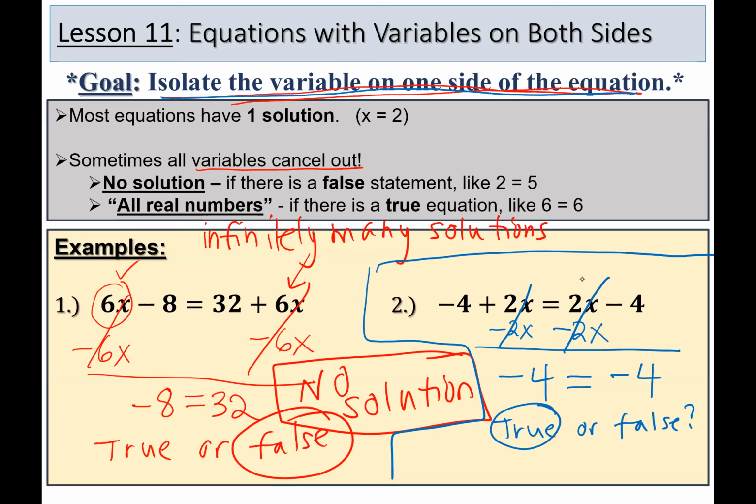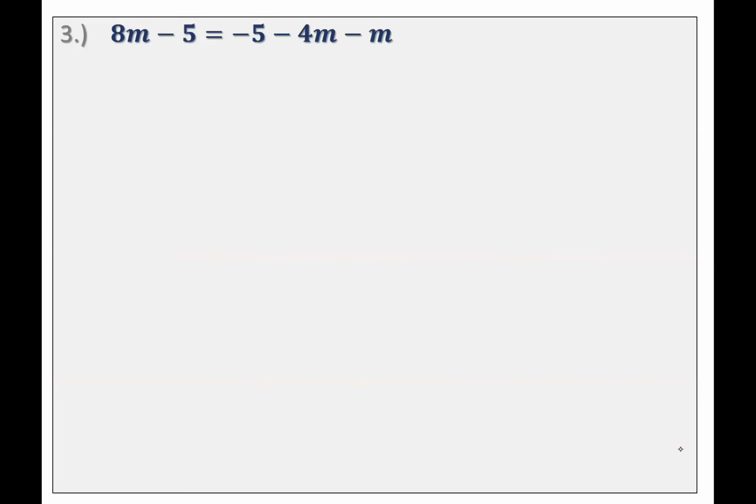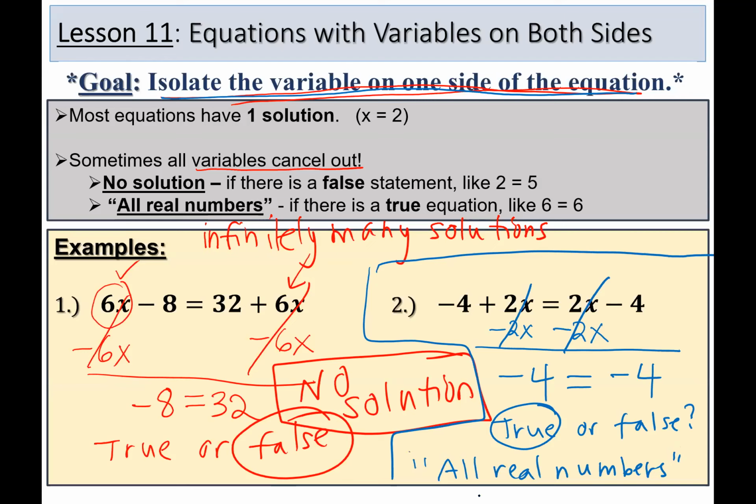So because we are left with a true equation, what we get to say is the answer is all real numbers. I almost would prefer that we would call it any real number, but the phrase we often see is all real numbers. This means x can be anything.